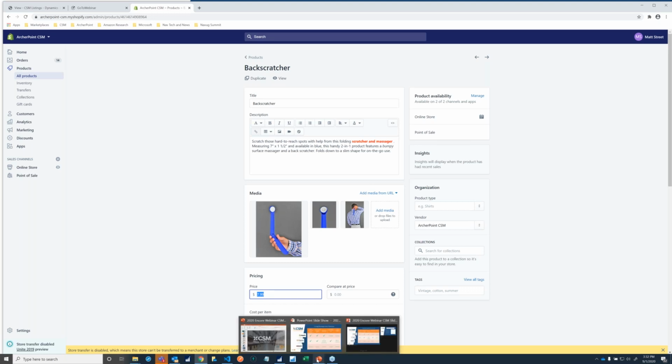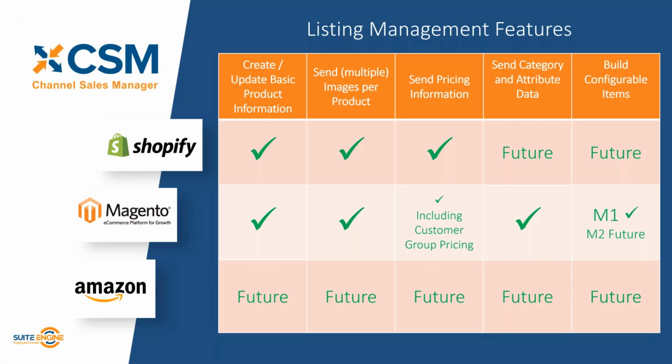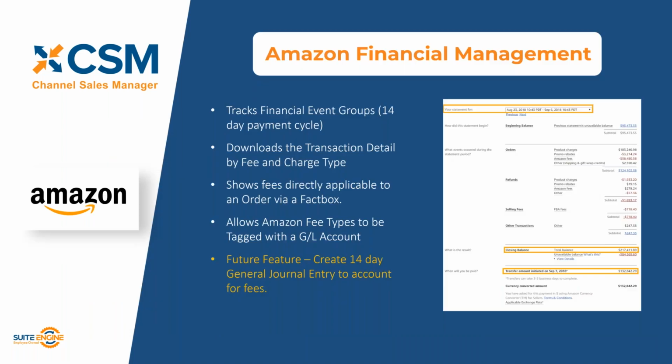So let's go back again and go to the next piece. These next slides will be more Amazon specific. We have some specialty modules within CSM that do Amazon financial management. For those selling on Amazon, you would be familiar with what they call a financial event group, which is essentially a 14-day payment cycle.